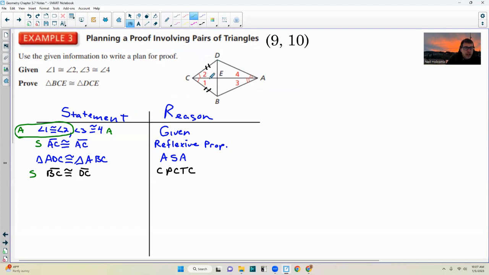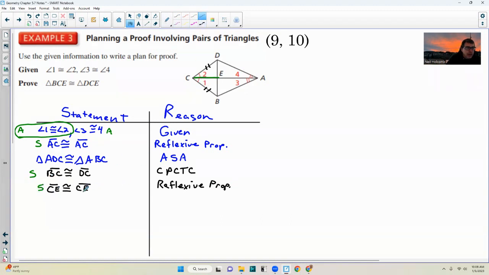Well, these two triangles are sharing segment CE. So now I can say segment CE is congruent to itself by reflexive property. Okay, and that gives us another side with an included angle.